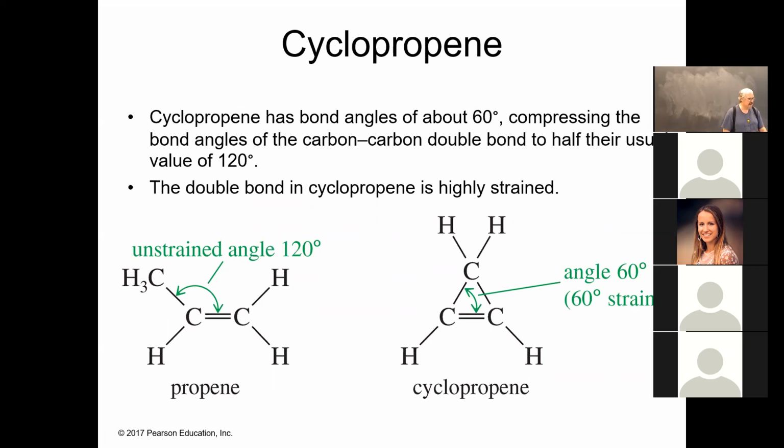Cyclopropene is very highly strained. We talked about cyclopropane earlier, where tetrahedral carbons, which have an ideal bond angle of 109.5, are forced into 60-degree bond angles.